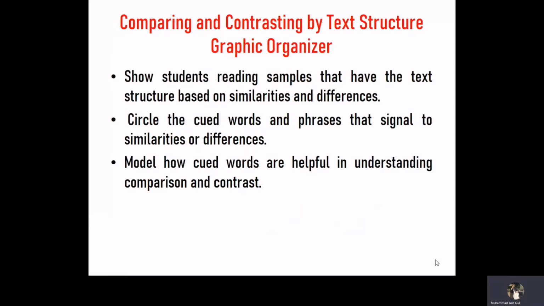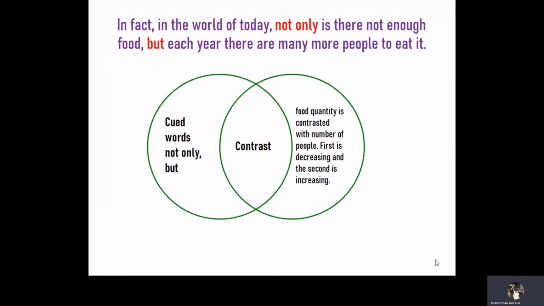Let's apply this activity, text structure graphic organizer, on a sentence taken from your chapter number 9, Hunger and Population Explosion. It is, in fact, in the world of today, not only is there not enough food, but each year there are many more people to eat it.